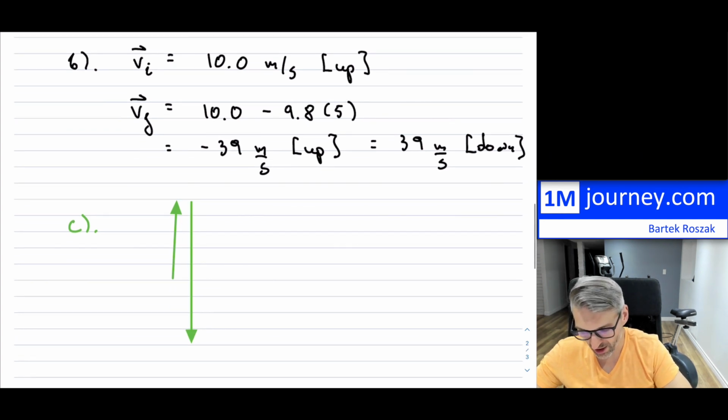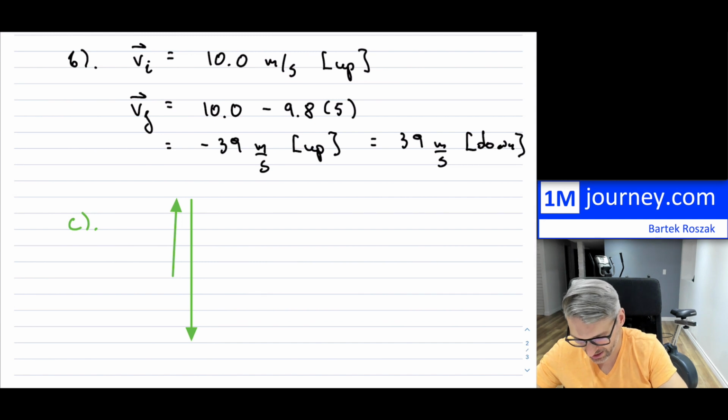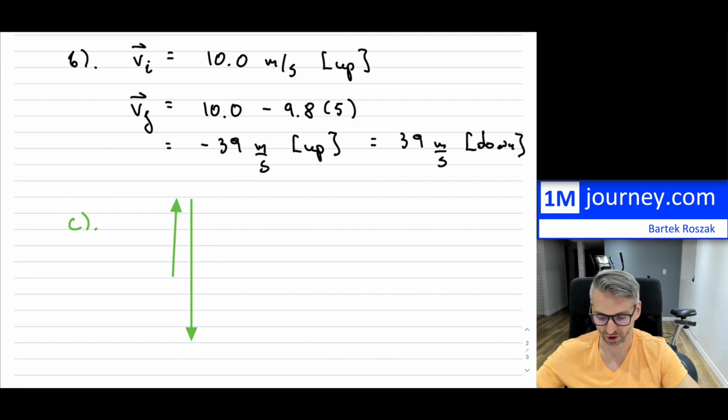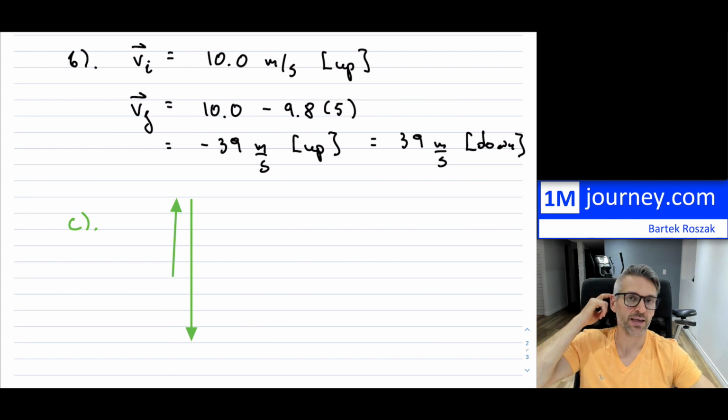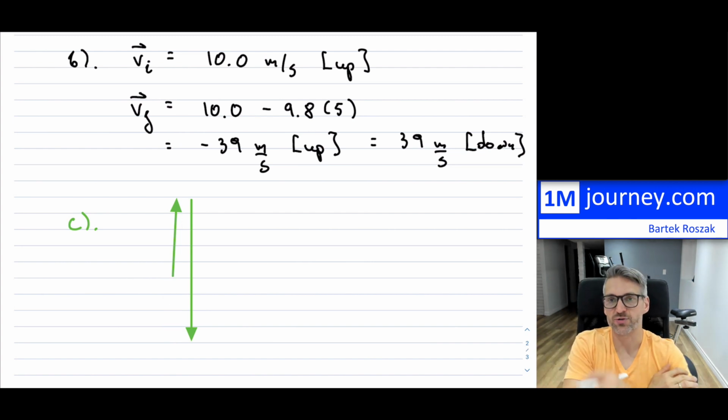So now be careful. Are you interested in the distance, which would be the path that you take and then all the way down, which obviously is longer? Or are you just interested in the displacement? And then the displacement really would be just from here to here. That's how much it got displaced, right? In terms of the actual throwing up of the ball. So be careful what they're asking you.